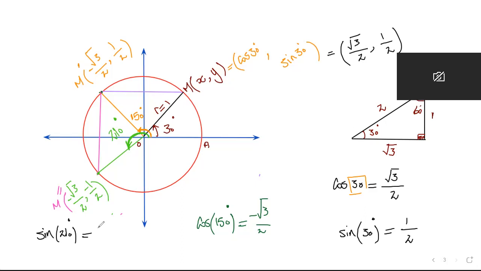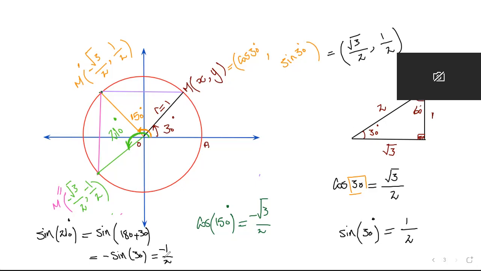I can say it can be written as the sine of 180 plus 30, which equals minus sine of 30. Sine of 30 is 1 over 2, so we have minus 1 over 2.